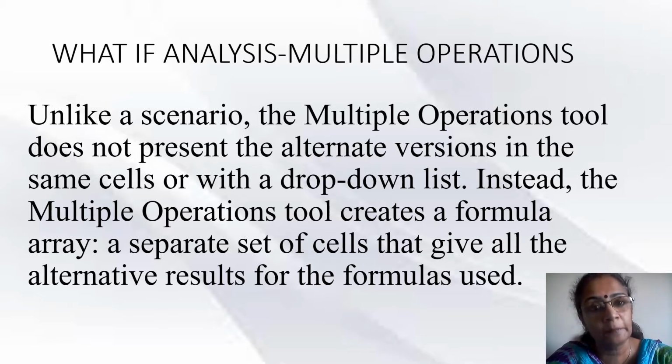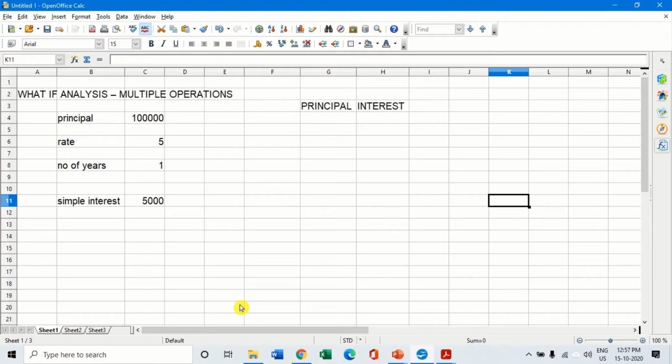Whereas in case of multiple operations, this what if analysis, that is, what if the value changes to different values using the same formula, is given in a separate set of cells, and the resulting values are displayed beside it. So you will understand it much better with the help of the next example that I am going to teach you.